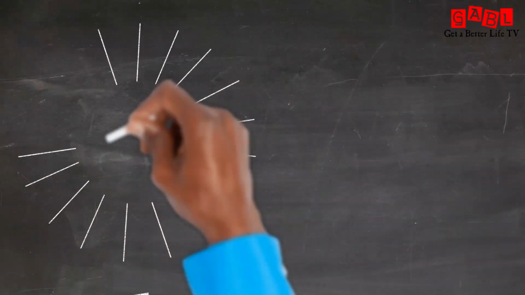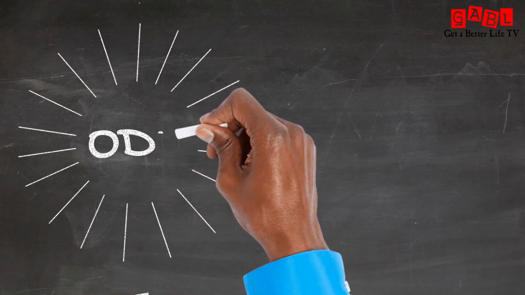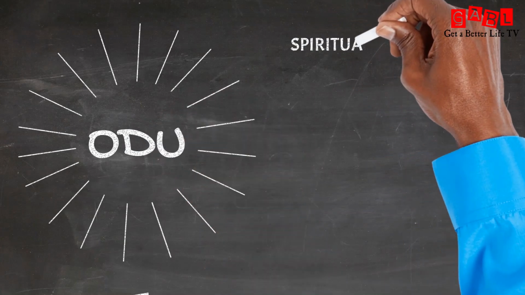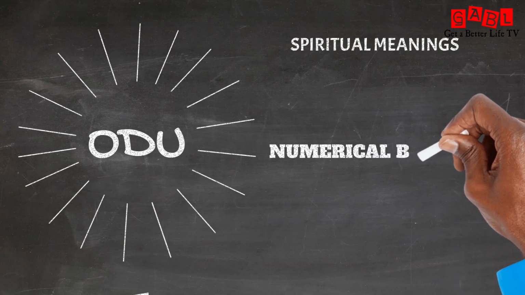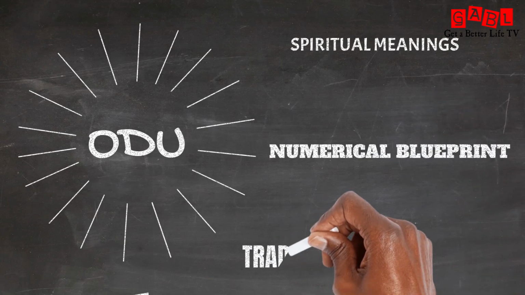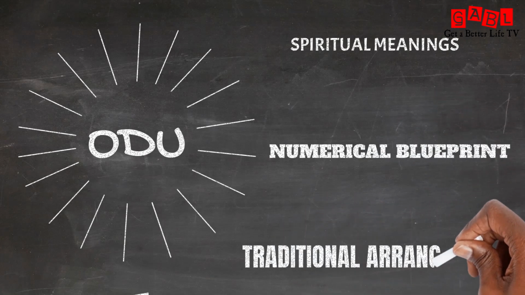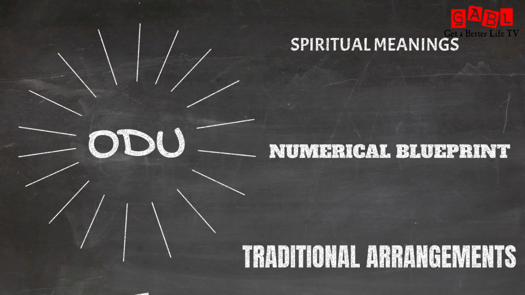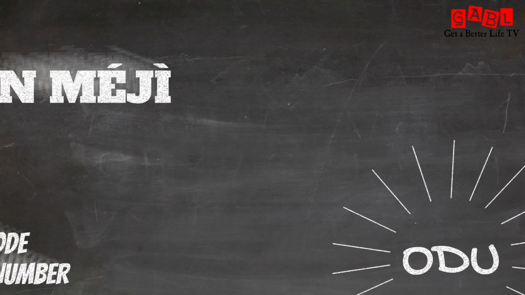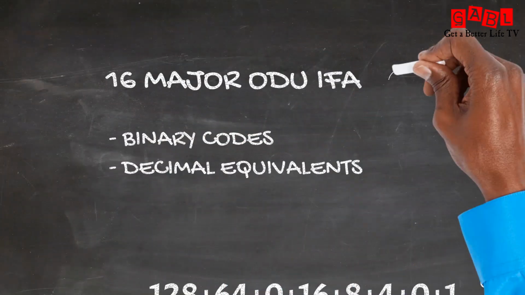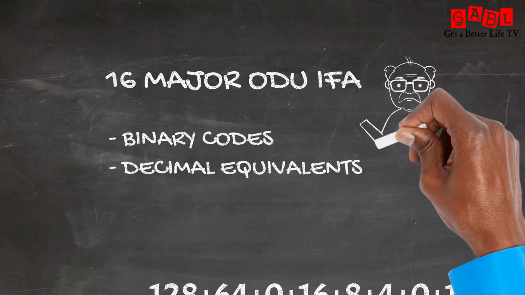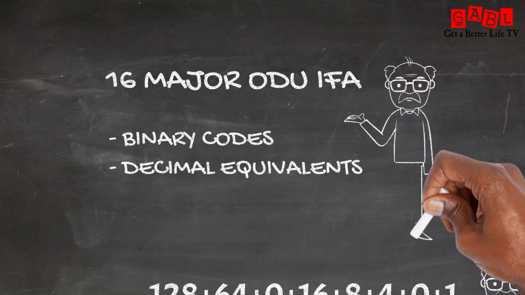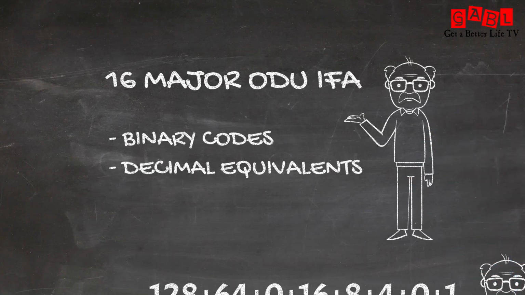This is a powerful demonstration of how different Odu names, rich with unique spiritual meanings, can sometimes share the same underlying numerical blueprint based on their line compositions in specific traditional arrangements. And there we have it. We have meticulously decoded all the 16 major Odu Ifa, unveiling their precise binary codes and decimal equivalents.